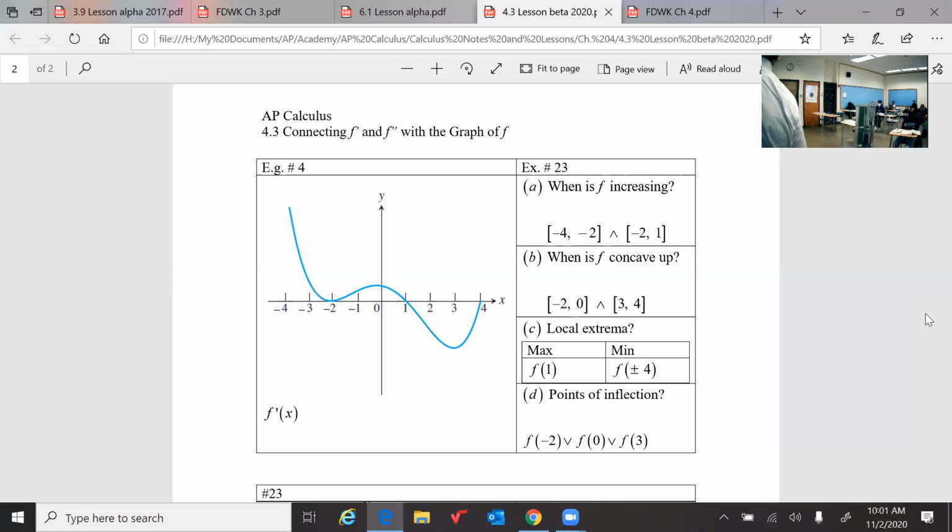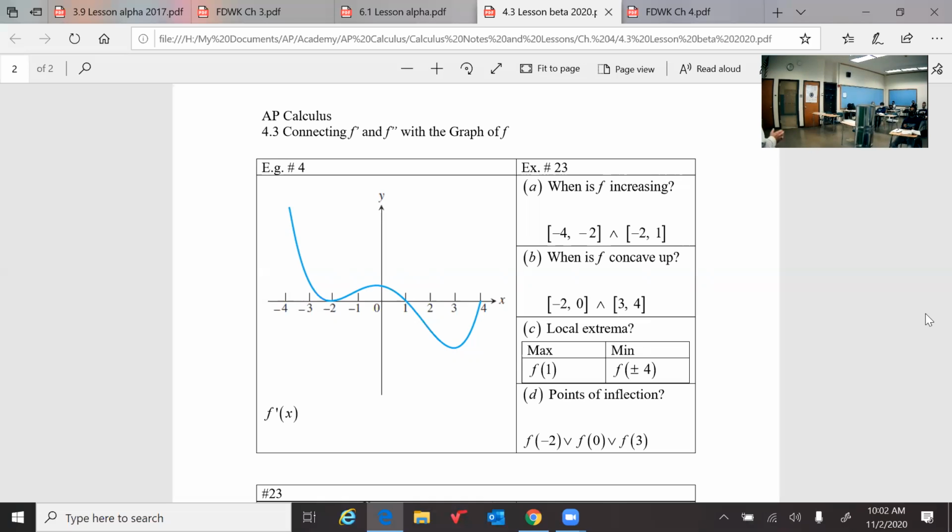When is the parent graph concave up? You got to think about this. So in order to do that, I got to think about the derivative of this picture, because this is the first derivative. So what would the second derivative look like? For the parent graph to be concave up, the second derivative has to be positive. So how can I tell when the second derivative is positive?